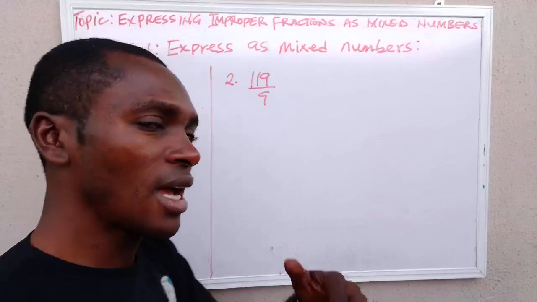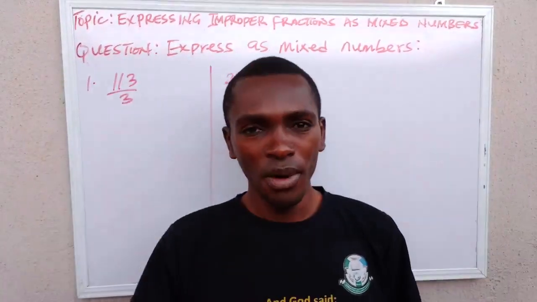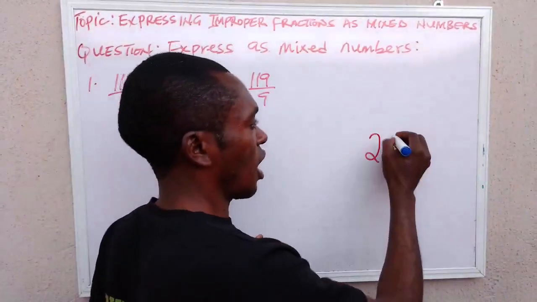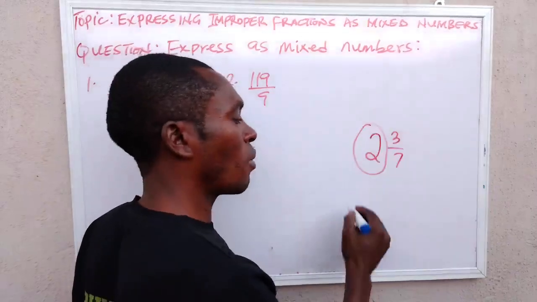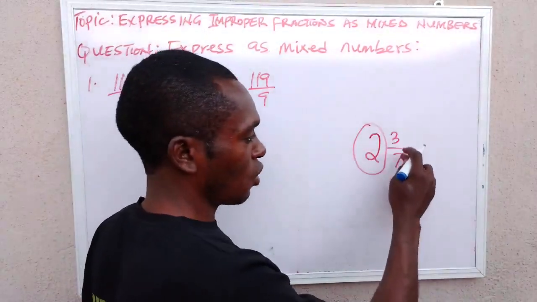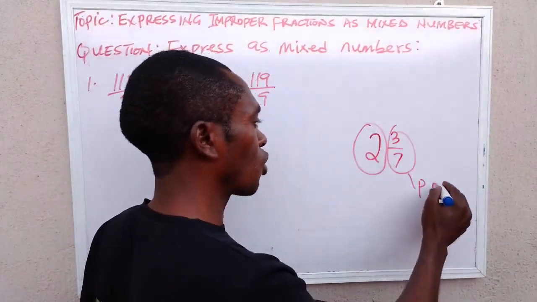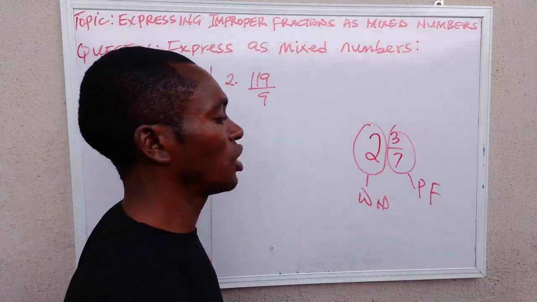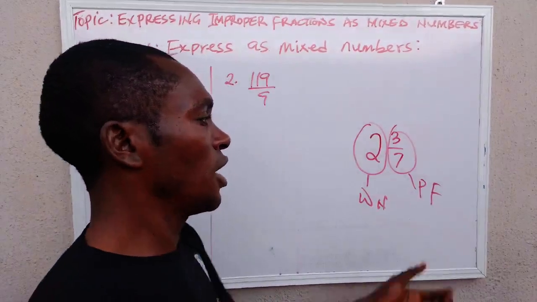Now, we said that a mixed number is an expression with a whole number and a proper fraction. What we mean is this: for example, if you have 2 and 3 over 7, this is a whole number, 2, and 3 over 7 is a proper fraction.